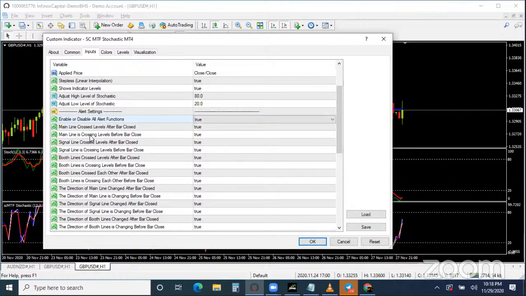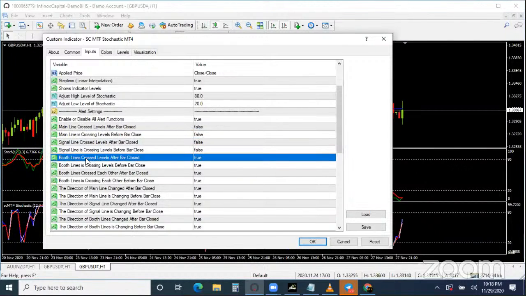When should it send the alert to me? Should it send the alert when the main line levels cross after bar close? No, I don't want that. I want it to give me the alert only when both lines cross level after bar close. Now, for some of you who want to use the other variation, when the main line crosses, then you have to put true.